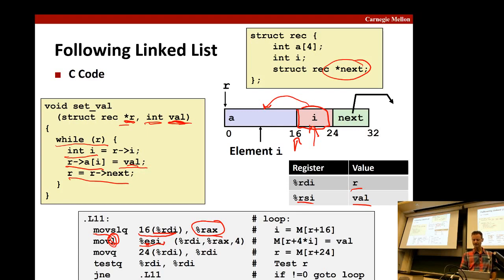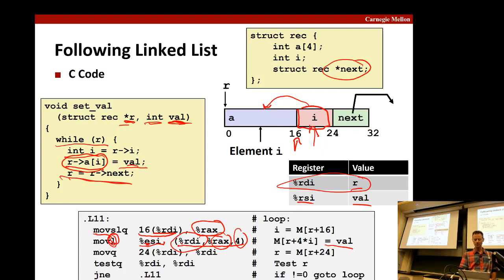We're going to take that val and stick it where? We're going to stick it in this address here, which can be calculated as follows. We have our I here. We multiply that by 4, and we add it to R, which is still in RDI. That's how we get the address. We store it into that address.